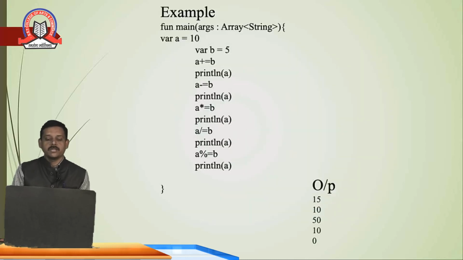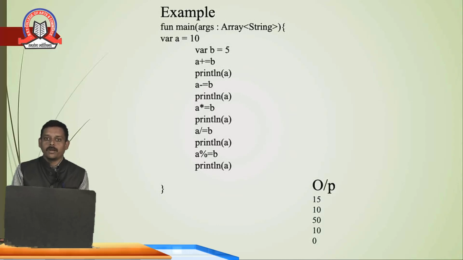As you can see in the example, we have a variable a which contains the value 10, and we have another variable b having the value 5. So if I use a plus equal to b, in that case it will add 5 into 10, so the output will be 15.